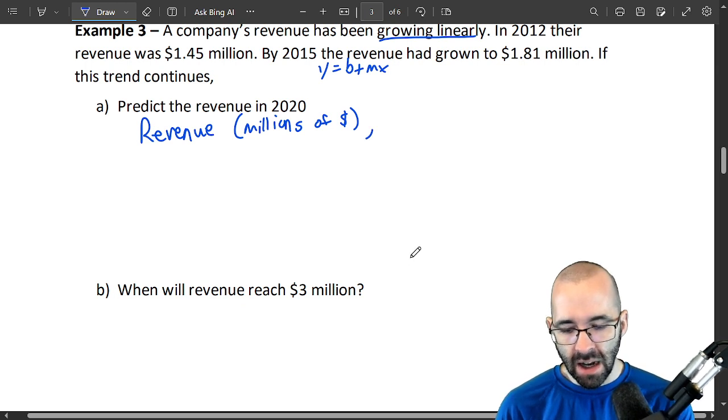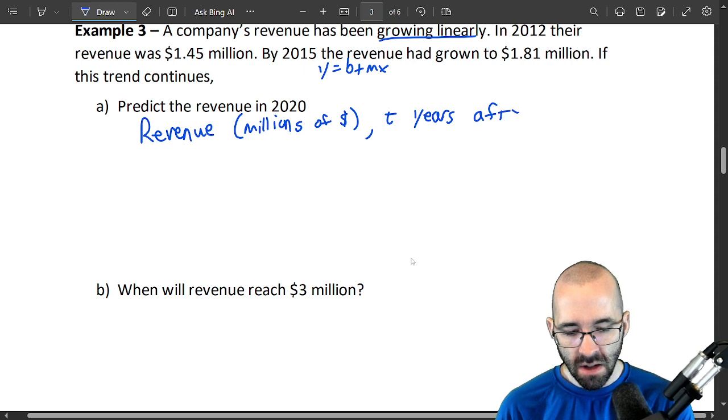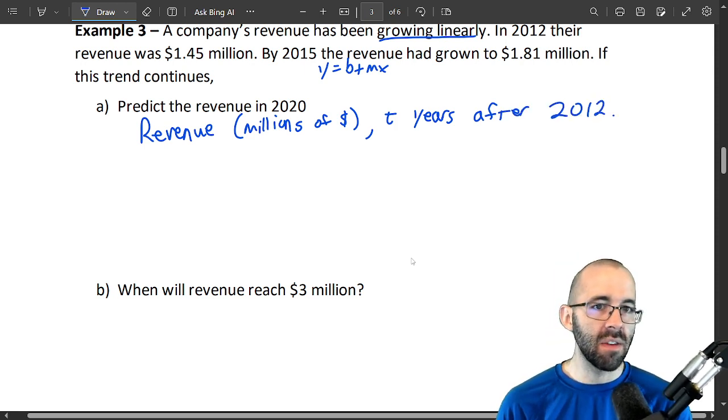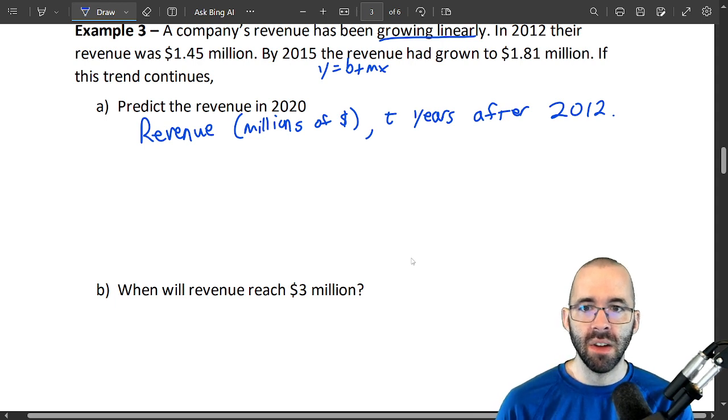So let's say we can have it be T years after the start. If you want smaller numbers, this is the best way of doing it. Or you could just have in year Y and then plug in 2012 as your input year. You're going to be plugging in bigger numbers, but there's nothing wrong with that. Okay, and you'll get the same answer.